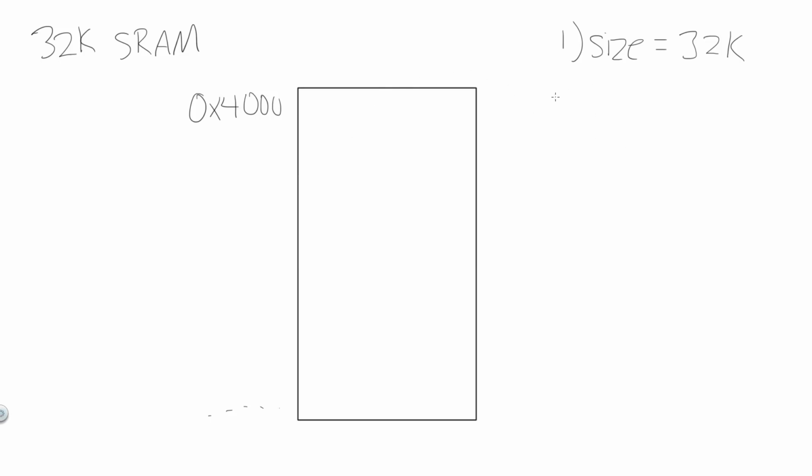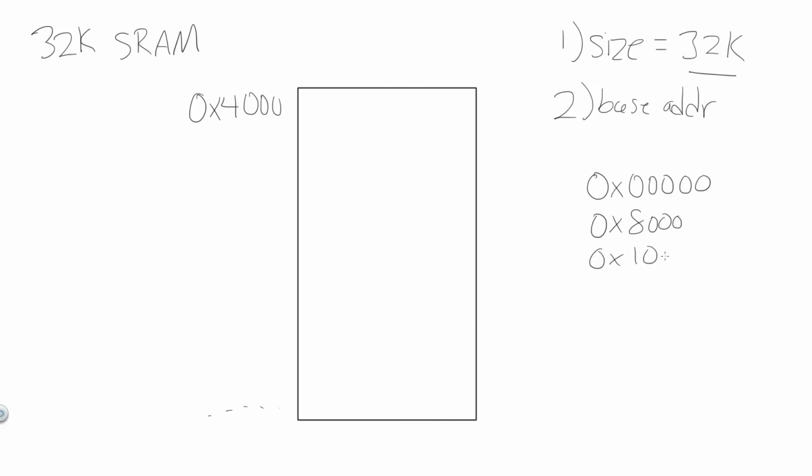Next is the base address. Because the chip select is going to be 32K, as I've defined here, the base address, as we've defined earlier, must be on at least a 32K boundary. So some 32K boundaries are 0, 8,000, 10,000, etc. all the way throughout the rest of the memory map.